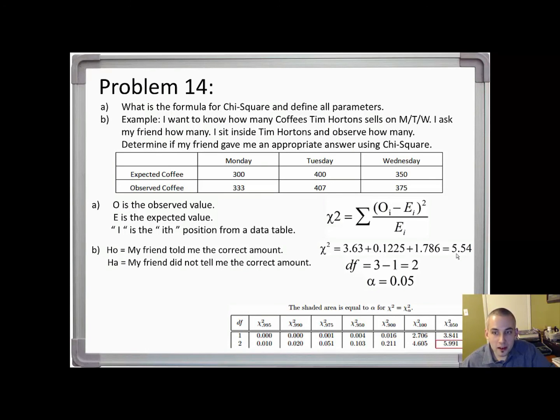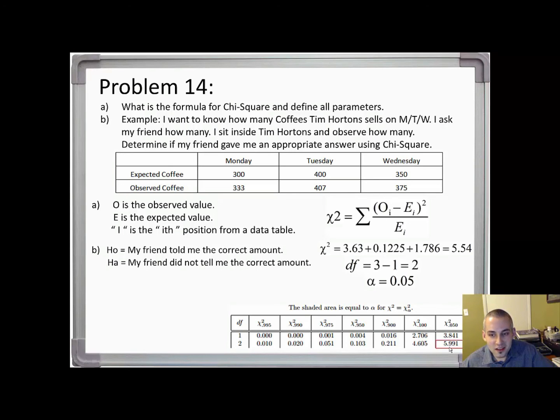Now, I obviously have to come up with my significance level. I'm going with the standard 0.05. And I have to calculate the degrees of freedom. In my case, there's 3 values: 1, 2, 3. 3 minus 1 is 2. So now I have to come up with a critical value for chi-square. And I'm going to go to a chi-square table. Go figure.